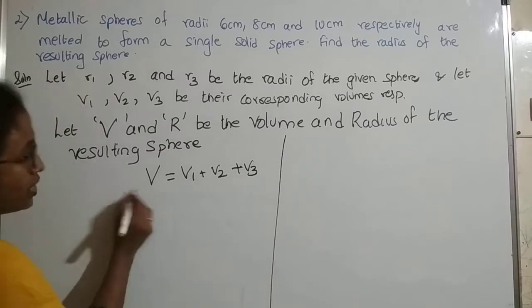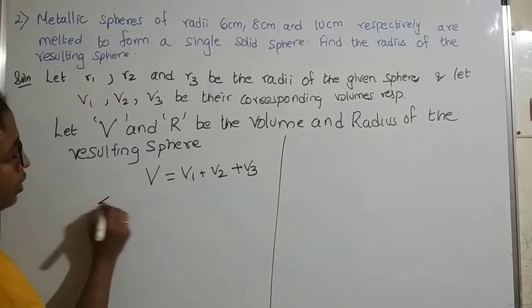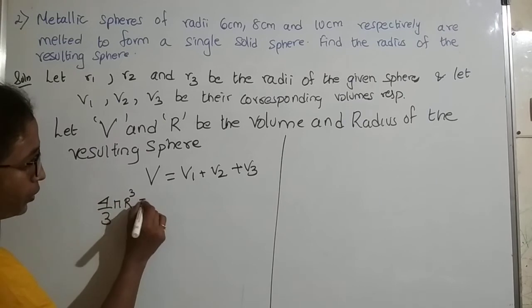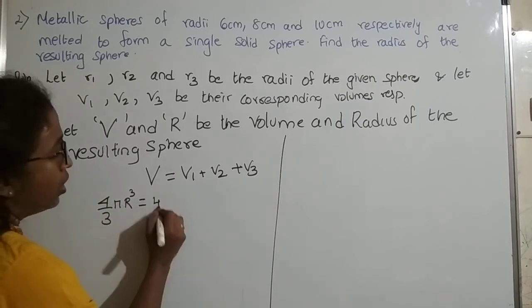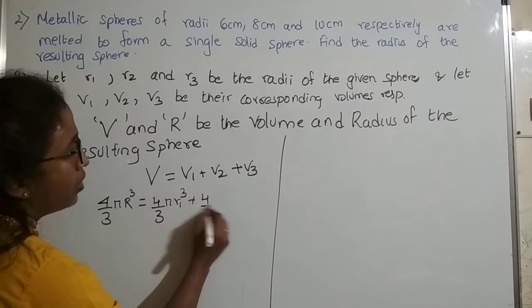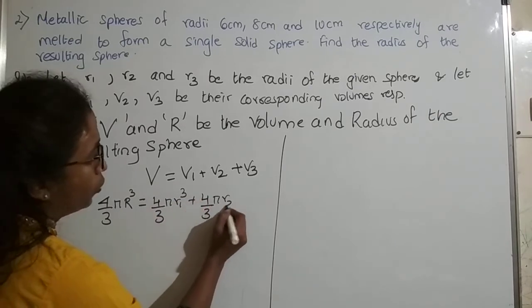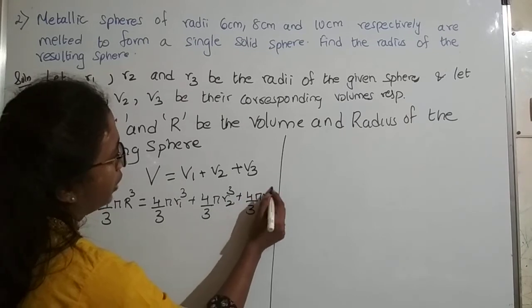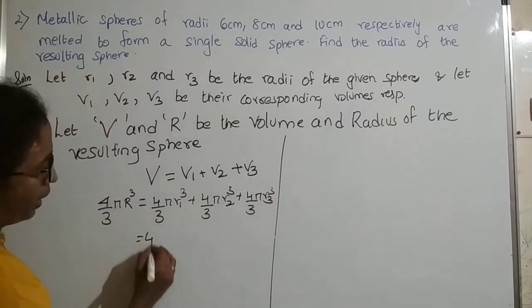Correct? So what is V actually? Sphere formula: 4 upon 3 pi R cube. Here in this case, 4 upon 3 pi R1 cube, here 4 upon 3 pi R2 cube, and here 4 upon 3 pi R3 cube. Let's take 4 upon 3 pi common.